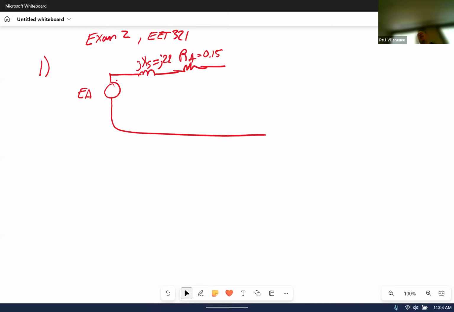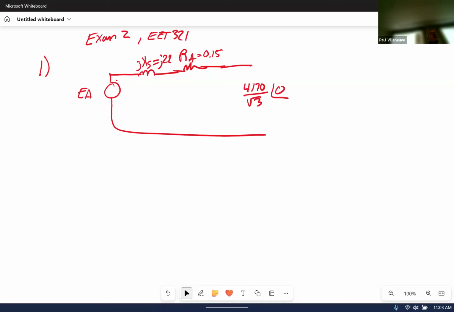This is a Y connected synchronous machine. So you have to take your voltage, which was 4170, and divide that by the square root of 3. And we set that as an angle of 0 to do our reference. We've done this a number of times in this class. Hopefully it's not too foreign of an idea.